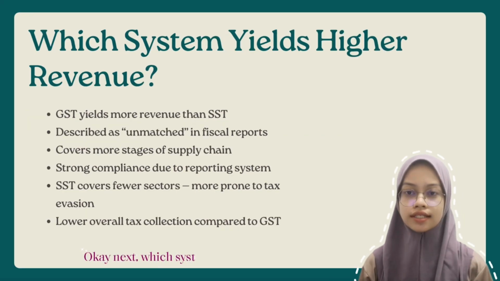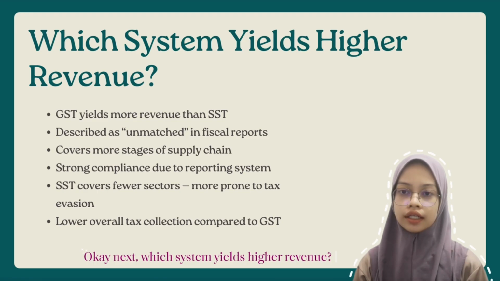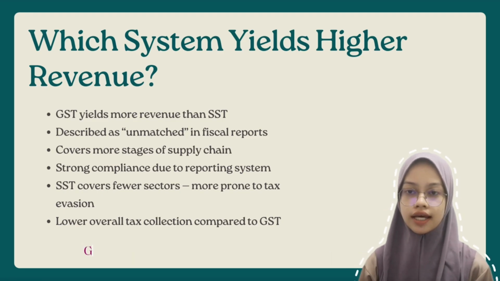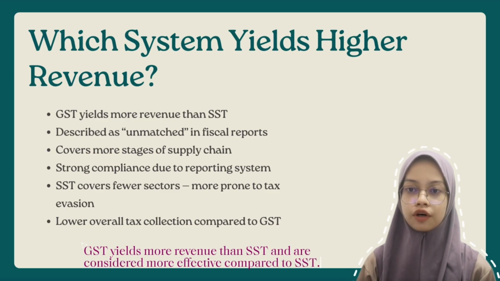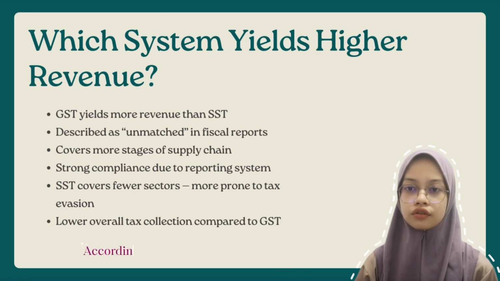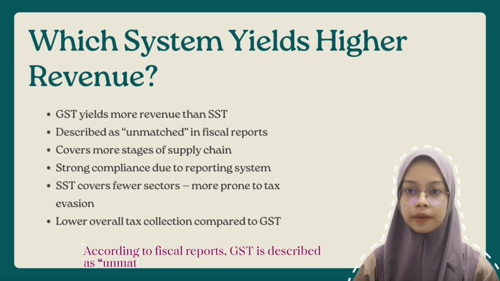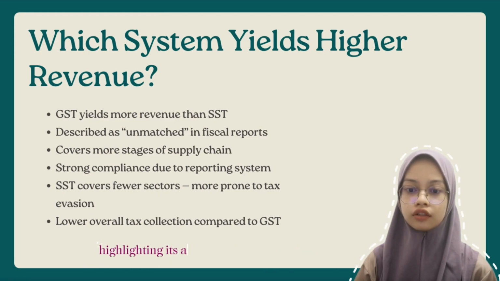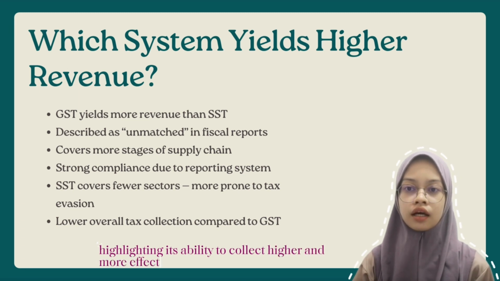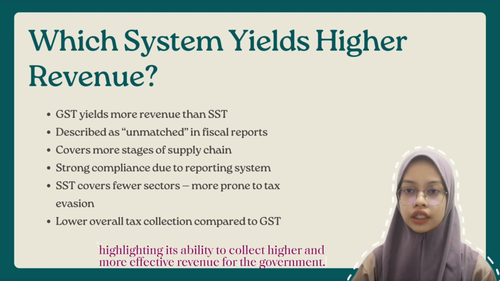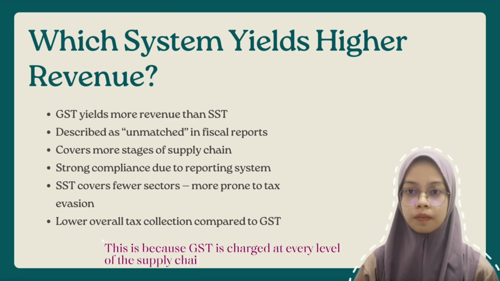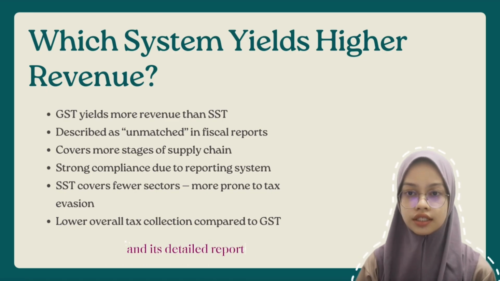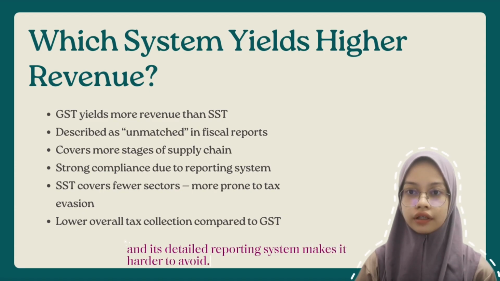Okay, next, which system yields higher revenue? In terms of revenue collection, GST yields more revenue than SST and is considered more effective. According to fiscal reports, GST is described as unmatched, highlighting its ability to collect higher and more effective revenue for the government. This is because GST is charged at every level of the supply chain and its detailed reporting system makes it harder to avoid.